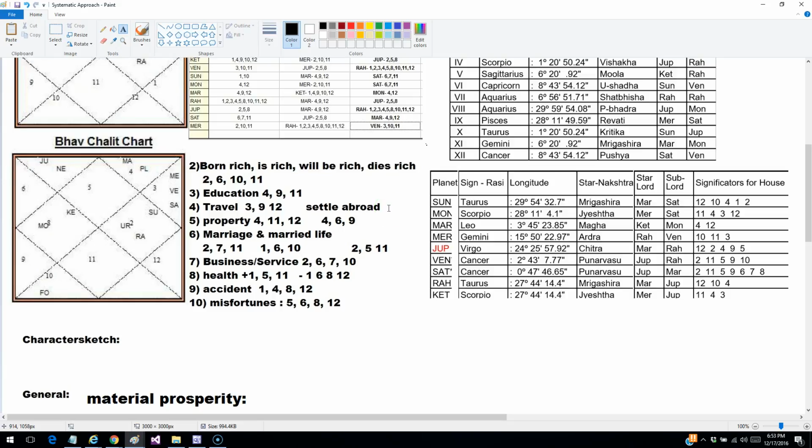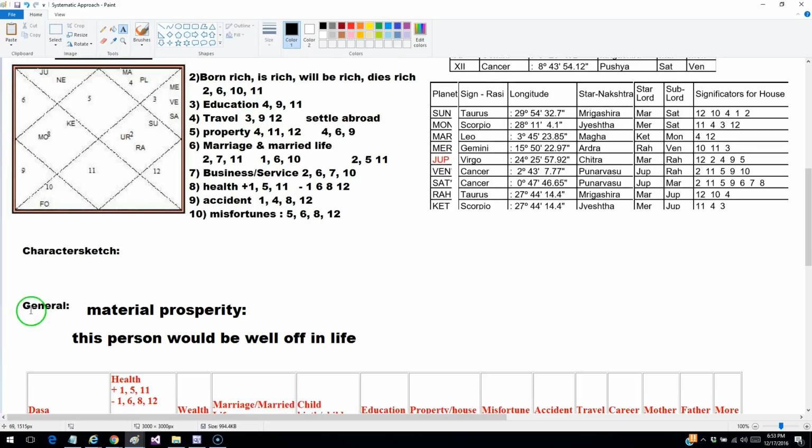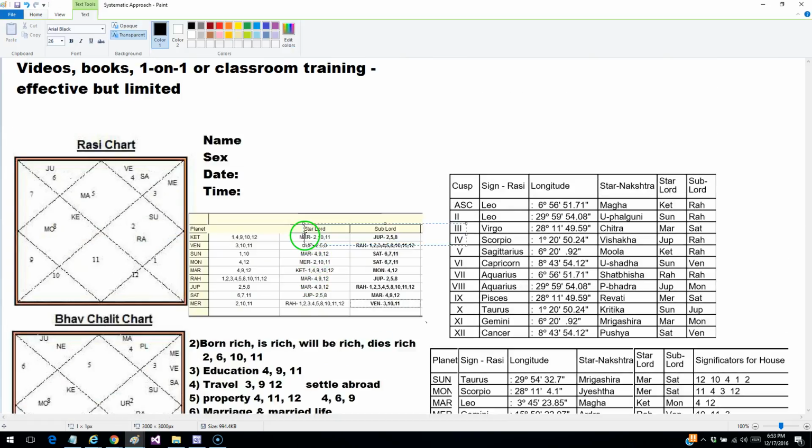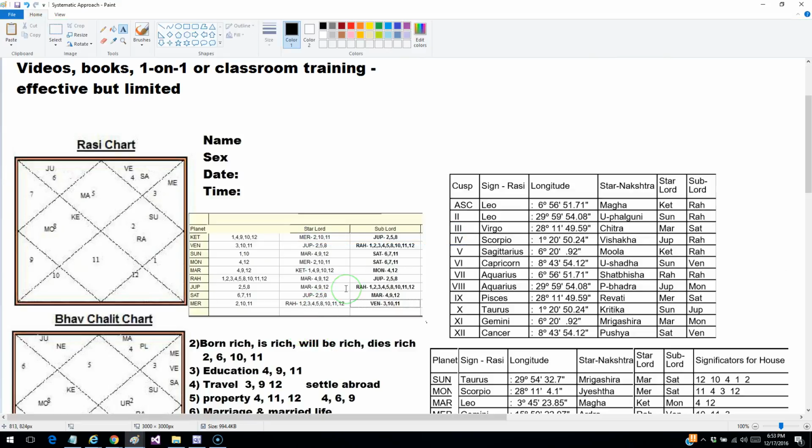He might even become a sales representative, traveling all the time. So this is just the general stuff that is based on the grouping of the houses and the significators.